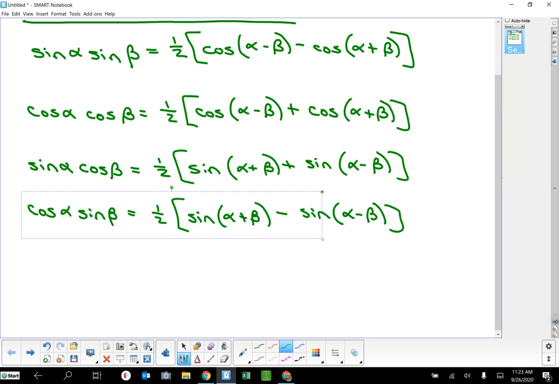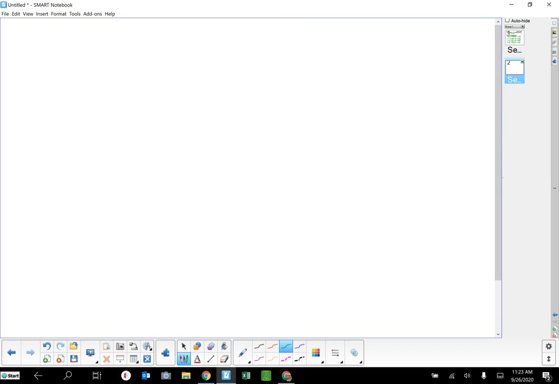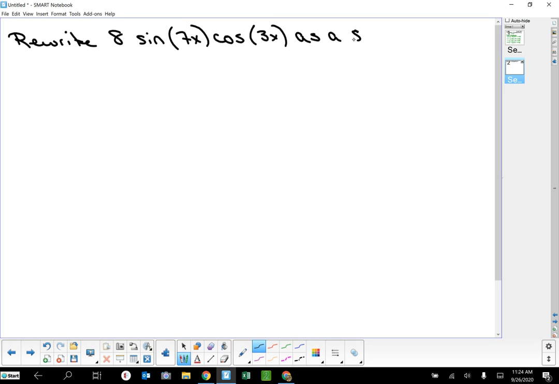I'm going to go to another page. And example 1 is going to look like this. Rewrite 8 sine 7x cosine 3x as a sum or difference, then simplify if possible.